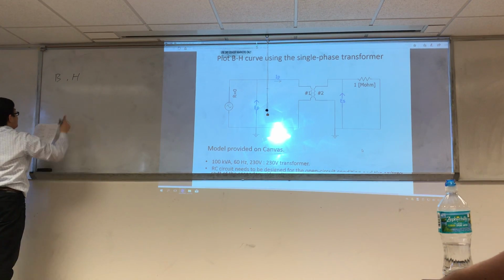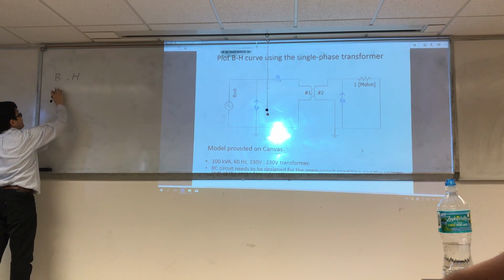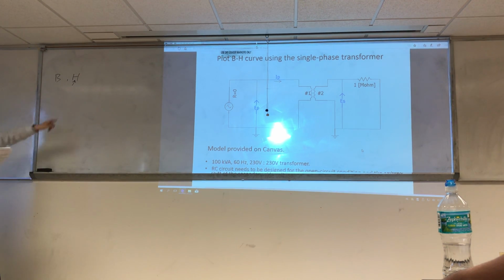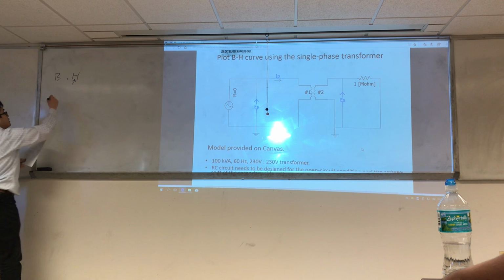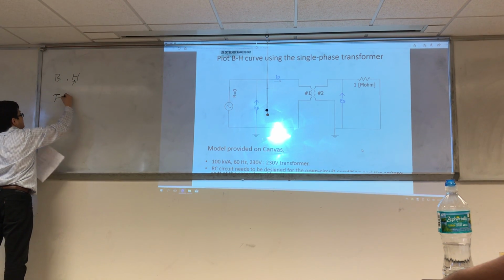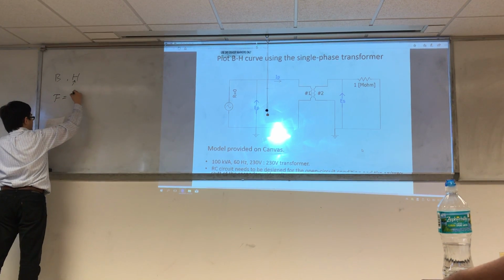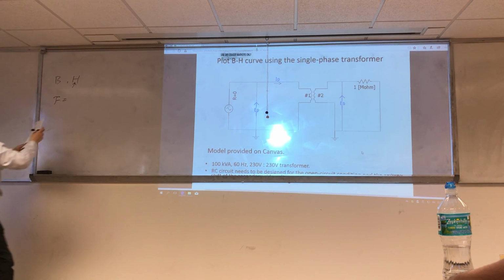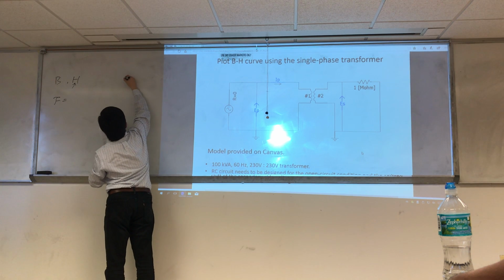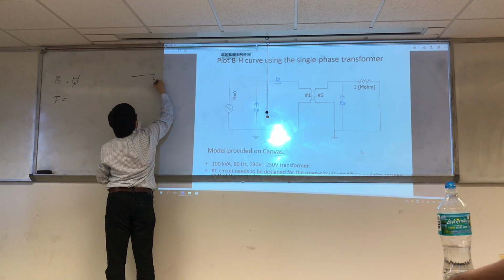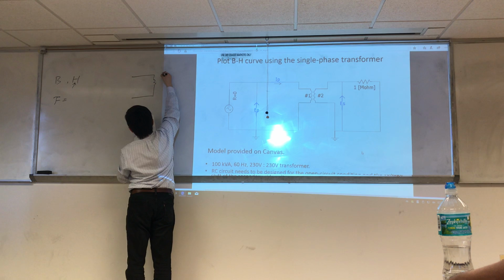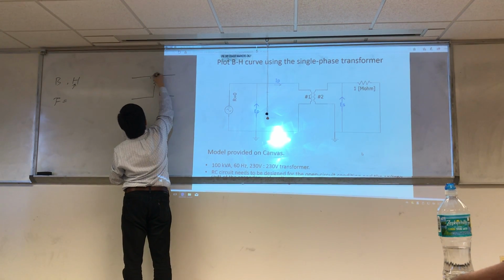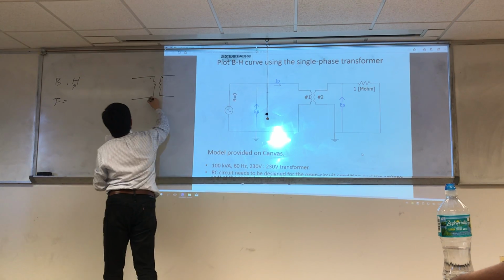Okay, firstly, you need to know this one. First, let's find out which value we use to replace H. So your MMF equals to. Okay, let's draw the circuit first. The circuit looks like this. This is your transformer.